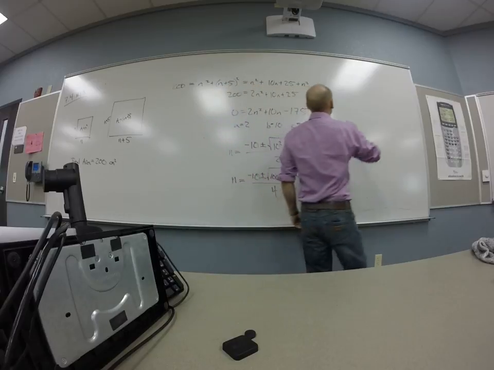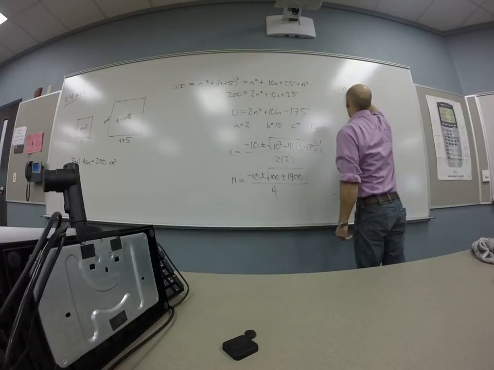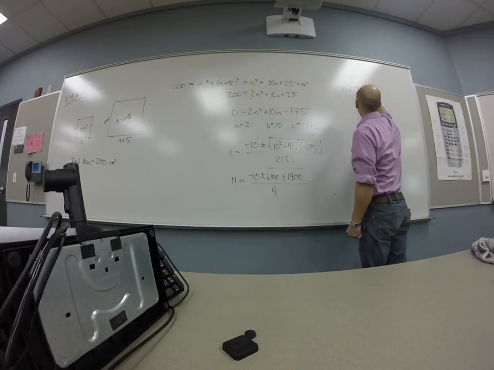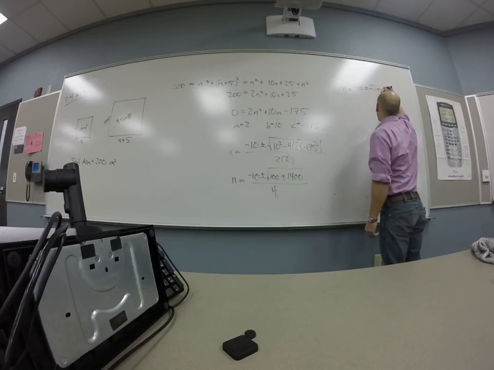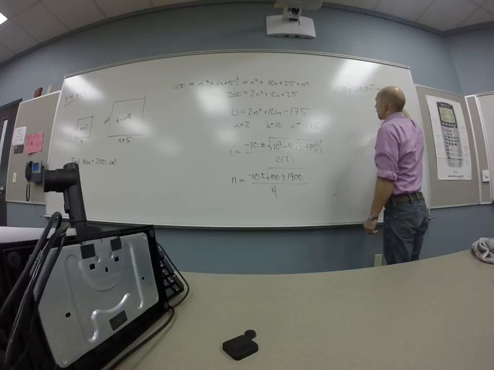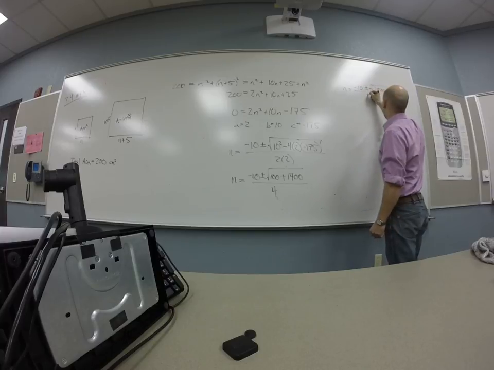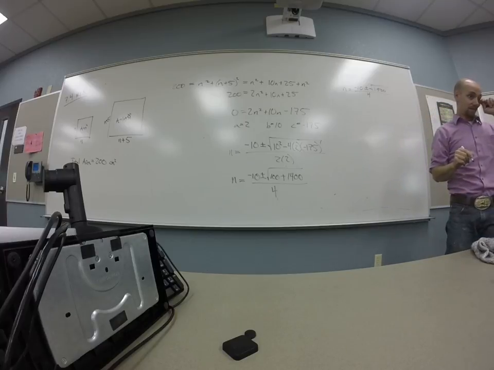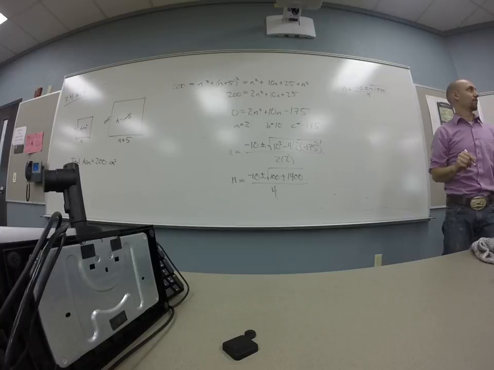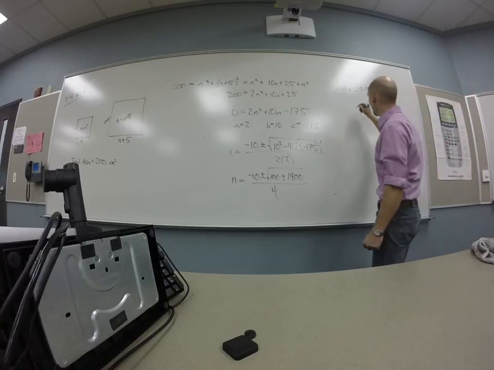Okay. So I get n is negative 10 plus or minus the square root of 1500 divided by 4. Okay, does 1500 have a nice square root? Bummer, right?